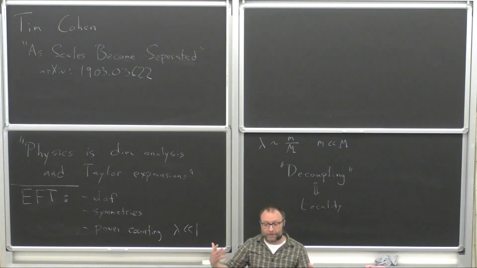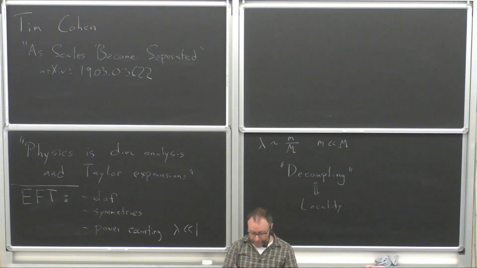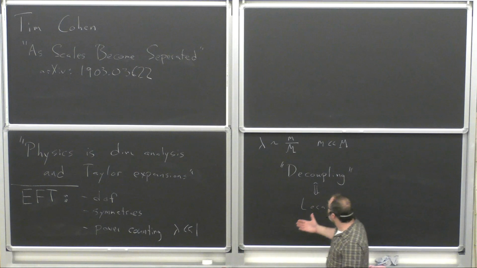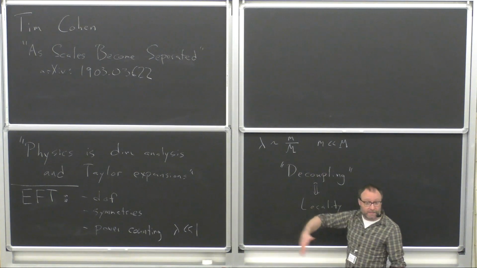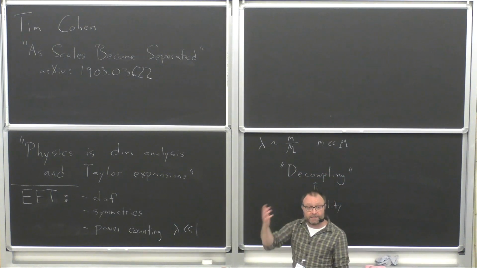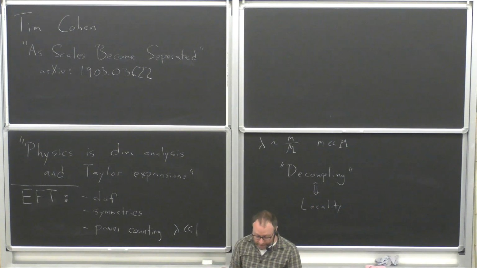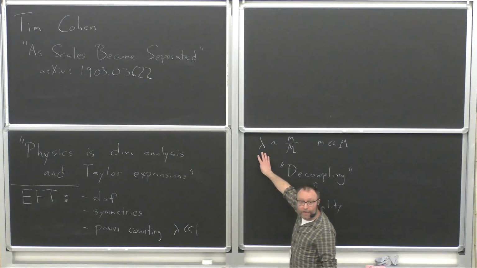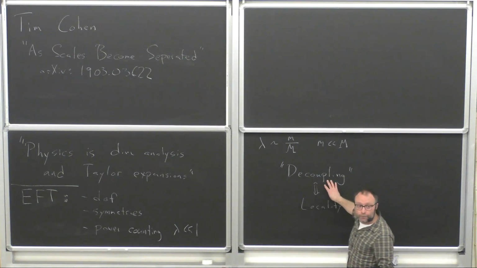You might naively think, and in fact the founders of our field were very confused about this in the 60s and 70s, that because the loop sees all momentum scales, it violates decoupling. One of the main points I want to show you is how we can take advantage of this power counting parameter to make decoupling manifest even at loop level.